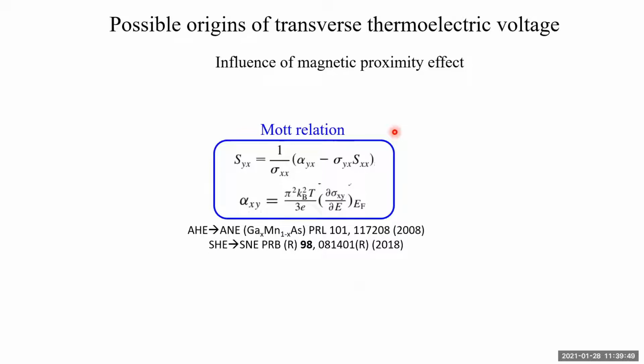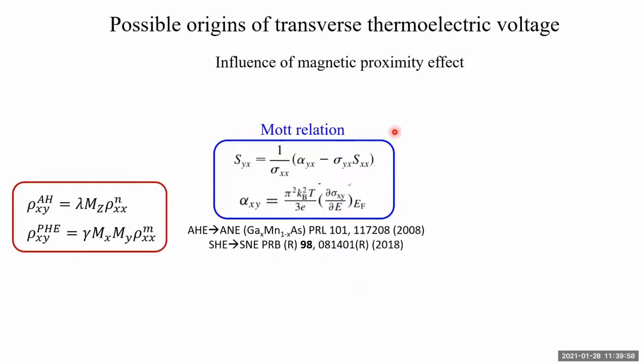The way PHE and AHE scale electrically, PNE and ANE may not necessarily scale due to the thermal gradient because of this fact. The original mechanisms behind PHE and AHE are different. They have different origins, different types of spin orbit coupling. So the prefactors lambda and gamma are different.